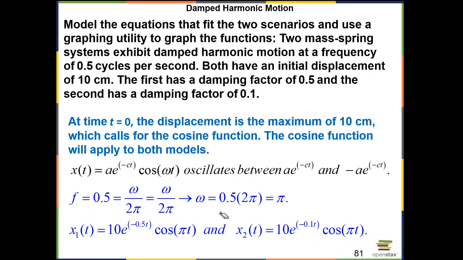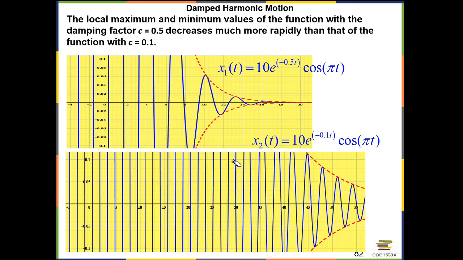These are the models. Now, when you graph these, you're going to realize that since this has a larger damping factor, the amplitude is going to go down quicker. And I have them graphed over here so you can see. You see, this one right around 12 is already going down.